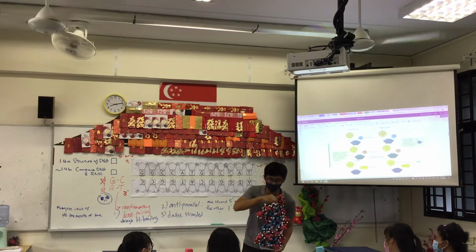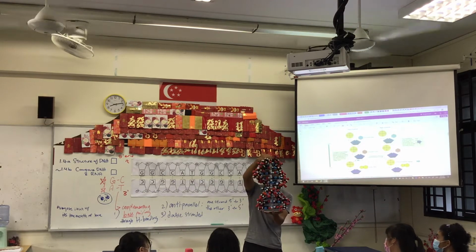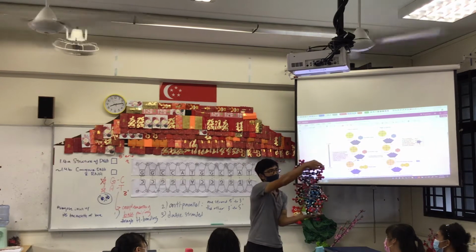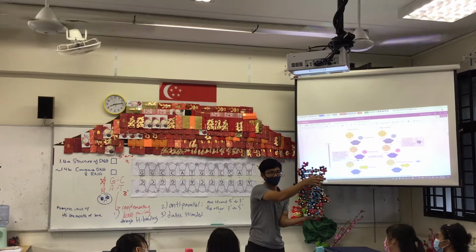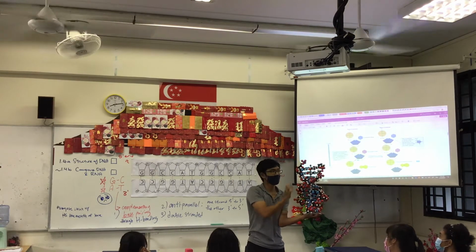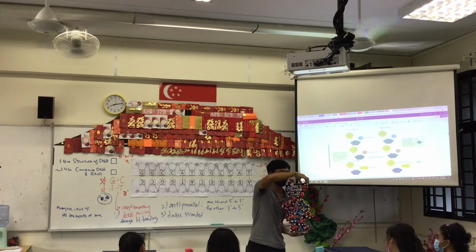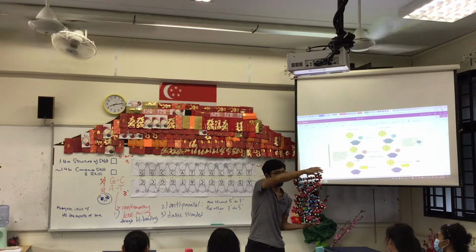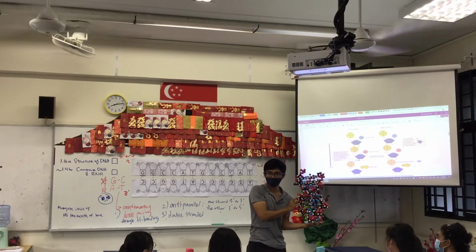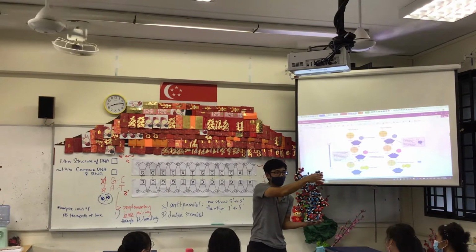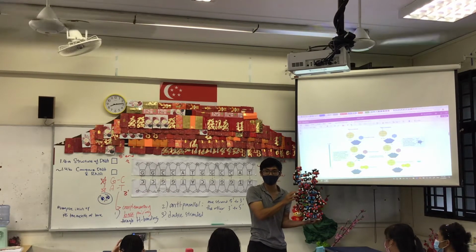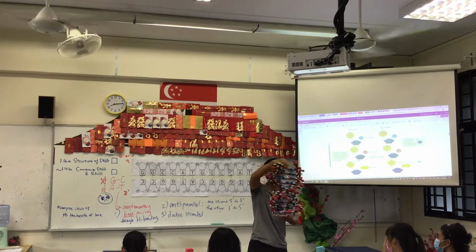Have a look at the DNA model. I'm going to try to balance it in one hand. Notice that the sugar is on the outside. The sugar forms one chain like a backbone. If you look at this black part over here, black, purple, and then it goes round: sugar, phosphate. Actually, we call this a sugar-phosphate backbone. There are two sugar-phosphate backbones.